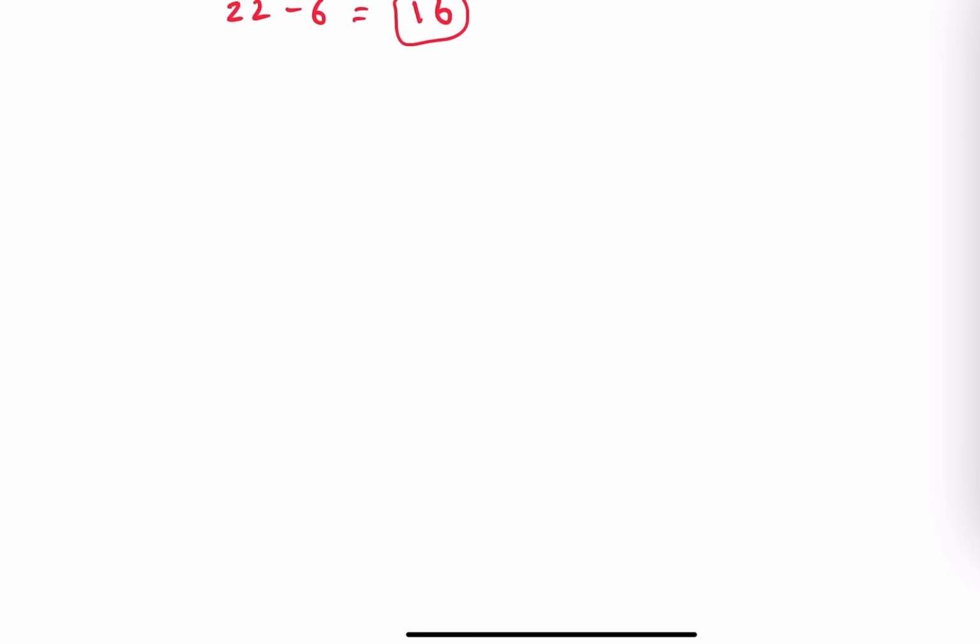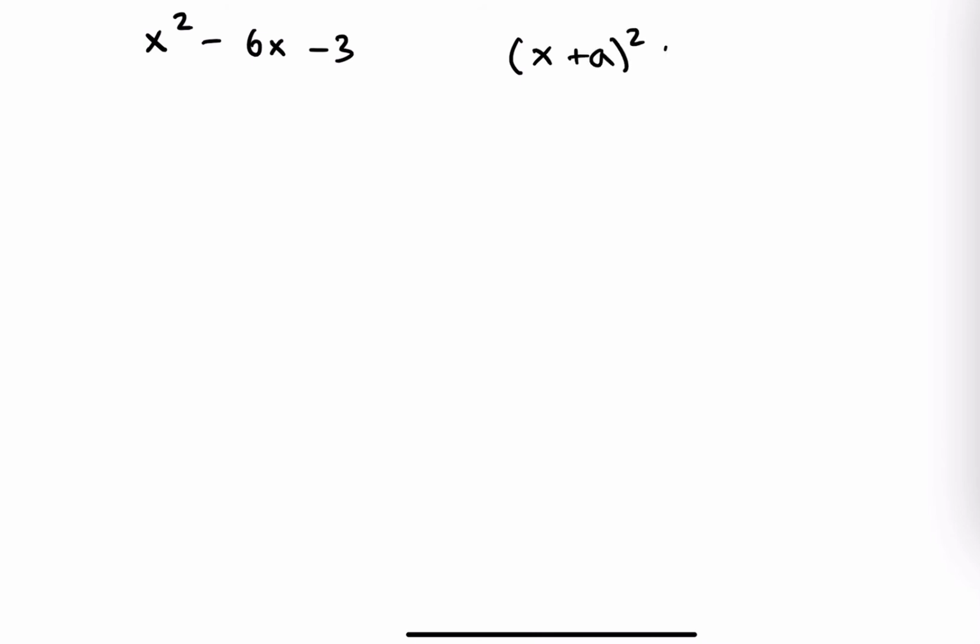Let's have a go at one of these. This time we have x squared minus 6x minus 3. Again, a similar question where we want to put it in the form of (x plus a) squared plus b. Same thing as before.